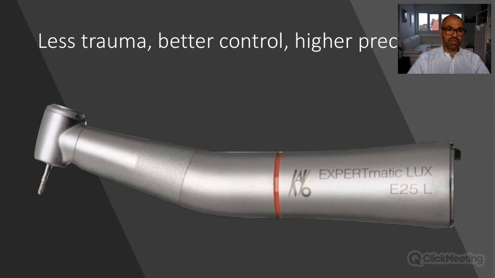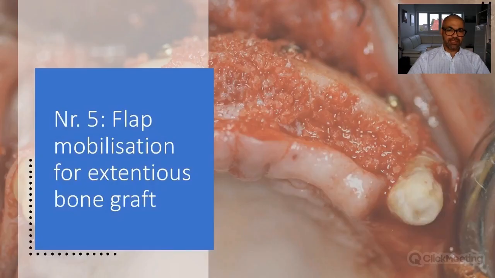So my recommendation: use a red handpiece, you have better control and higher precision. You will see that post-prep trauma, like sensitivity and pain issues, goes down dramatically. So this is something I really can recommend.